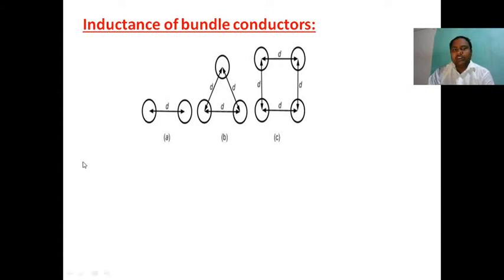In the previous case, the double circuit line having two conductors, the self GMD changed automatically. With three conductors, again the self GMD changes, and with four subconductors also the self GMD changes. If there is a single conductor, the self GMD is simply R dash. Everyone knows that.